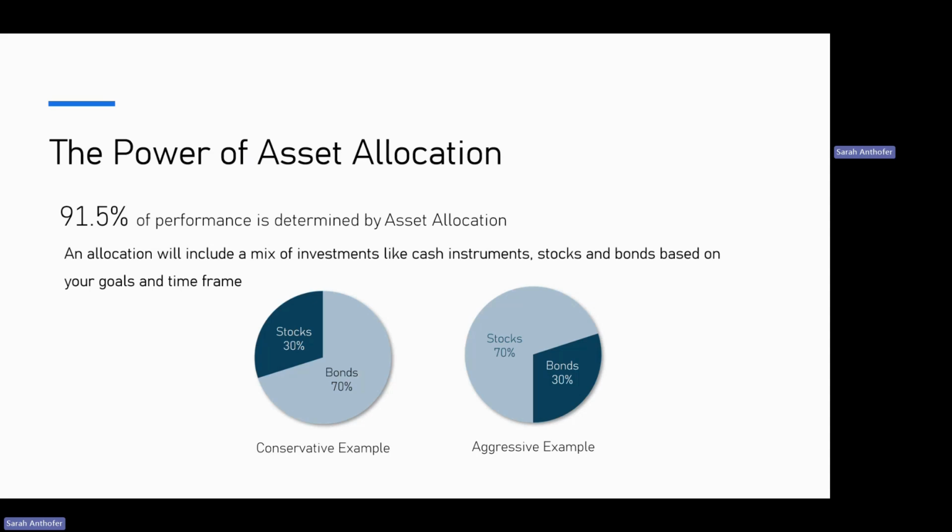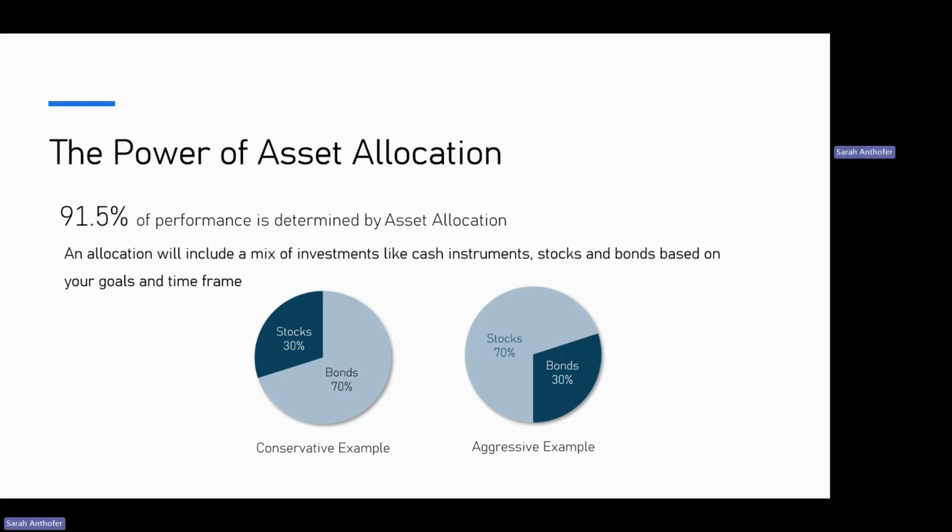That's a pretty conservative investment. That might be appropriate for a person who's got a pretty short time horizon, maybe 5 years. If I've got a longer time horizon and I want to see more potential growth, I might look for something more aggressive. So maybe it's going to have the opposite of that, 70% stocks and maybe only 30% bonds.